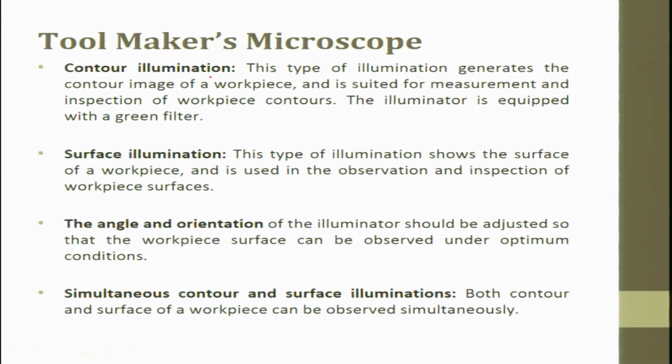So, these are the different types of illumination you can have, and more details about the tool maker's microscope. Contour illumination can be done. This type of illumination generates the contour image of the workpiece and is suited for measurement and inspection of workpiece contour. The illuminator is equipped with a green filter. So, now that you can also try to play with, I have said 3 basic parameters. One is wavelength, amplitude, and then you have the polarization.